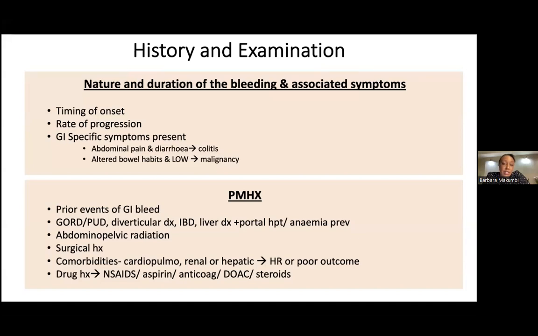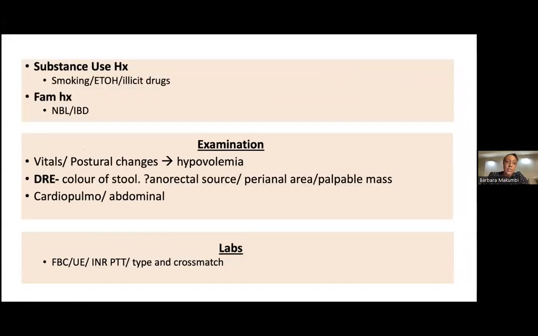Did the patient have previous abdominal pelvic radiation? Have they had abdominal surgery previously? And if they're on antiplatelets, anticoagulants, DOACs, very important. You take a full history, substance use, is the patient a smoker? Do they use illicit drugs or any alcohol?